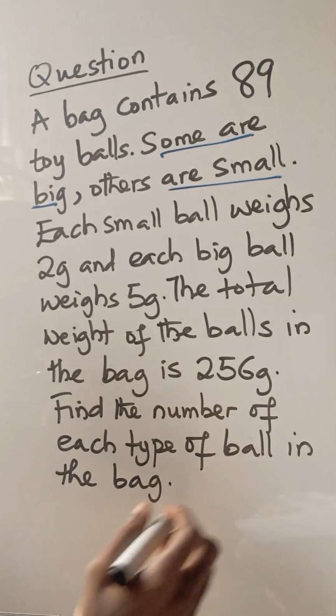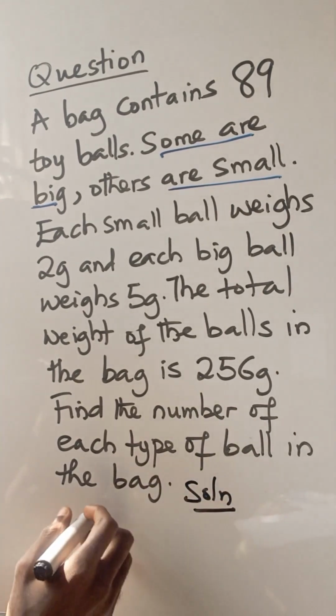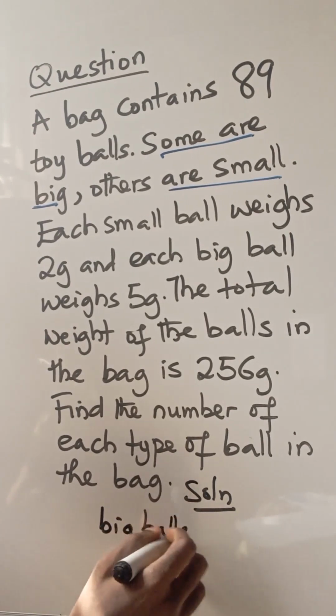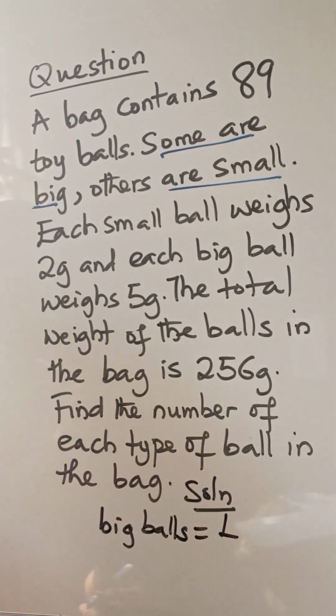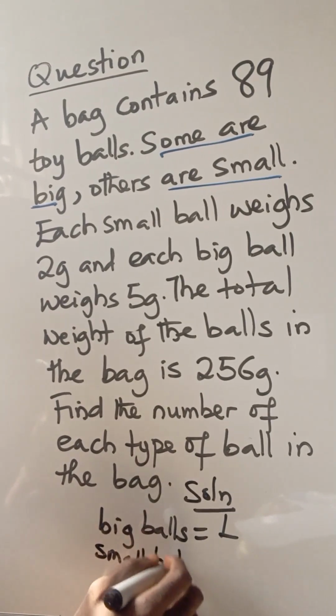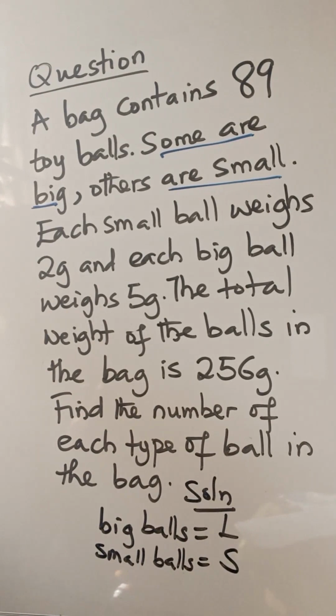So our solution to this question, we want to say let the big balls be L, represent L. Then let the small balls represent S. So that's our first step.